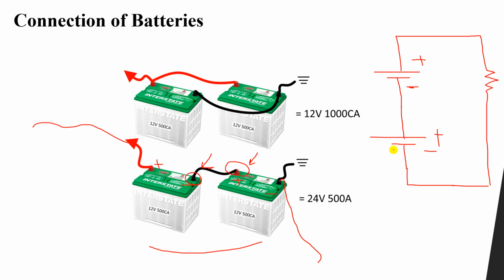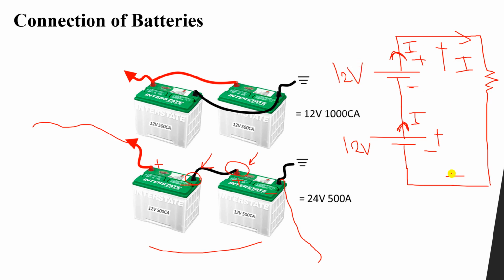So what will happen here? You can see that the current coming from the first battery is equal to the current going out from the second battery. So the total current is also the same current. If this one is I, this also will be I, and the current going to the load is I. However, the voltage across the load is a summation of the 12 volt and another 12 volt.